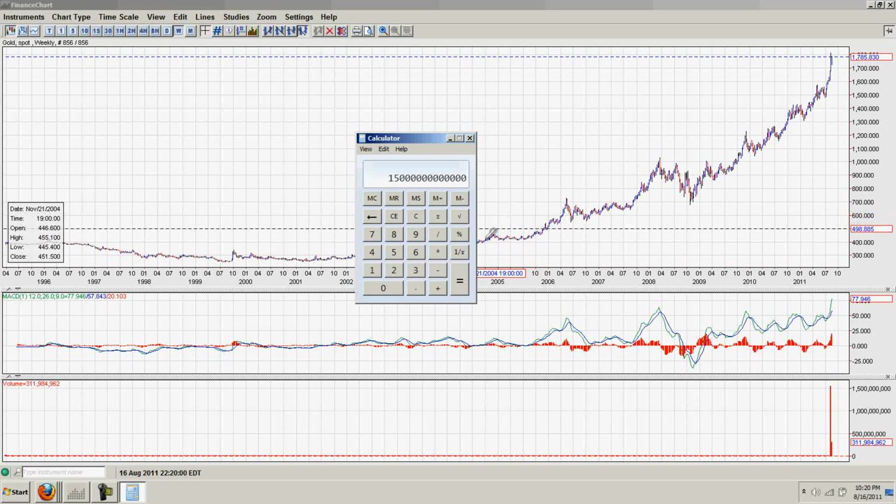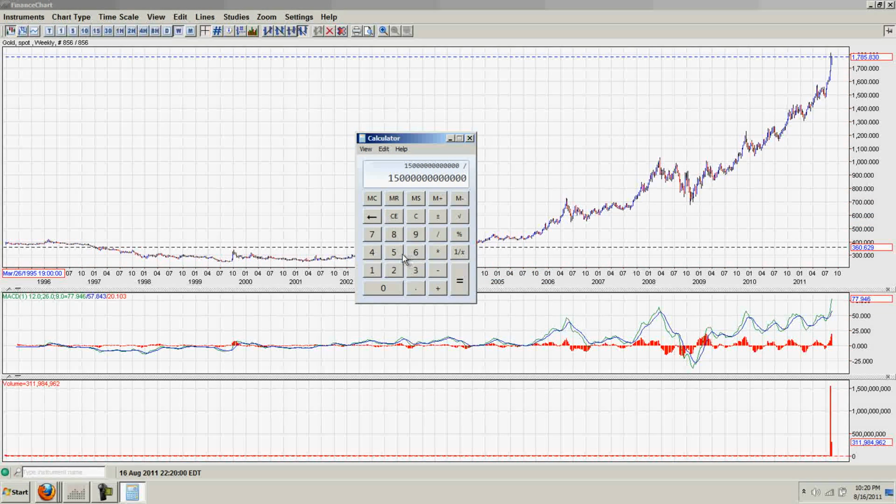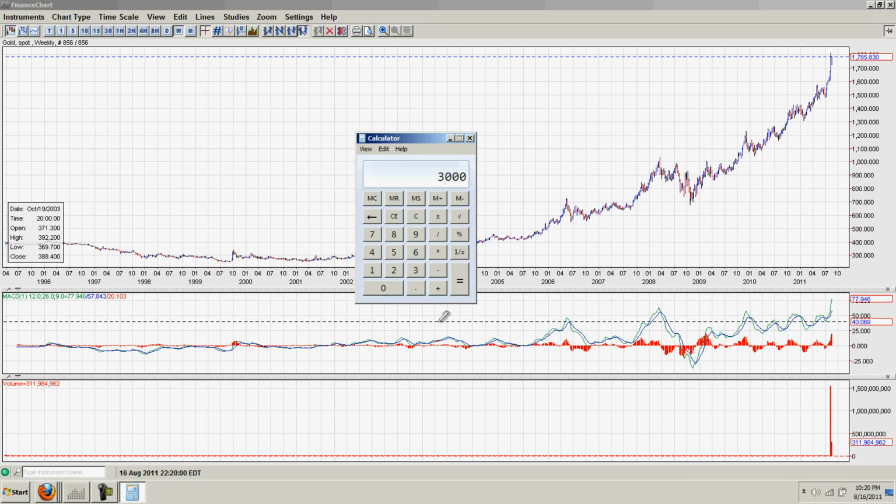So we're going to say we have 5 billion ounces. So just for the existing national debt to be backed by silver, it takes $3,000 an ounce silver. That's if all the silver in the entire world is used.